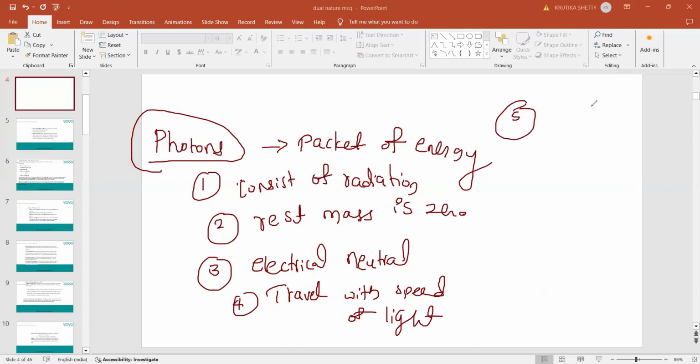The fifth property: the momentum of the photon is given by h divided by lambda. P is the momentum, h is Planck's constant, lambda is the wavelength. And the energy of each photon is given by E is equal to h nu.